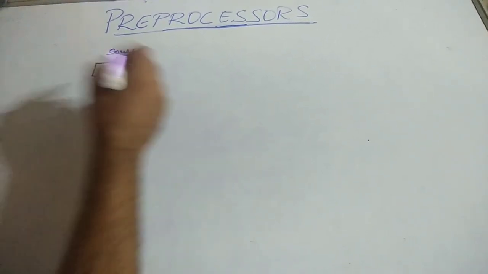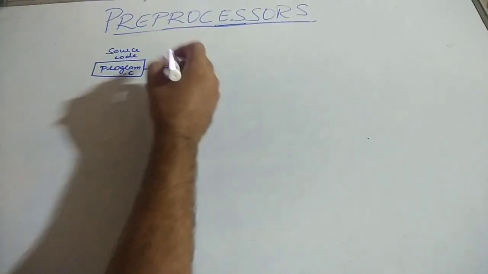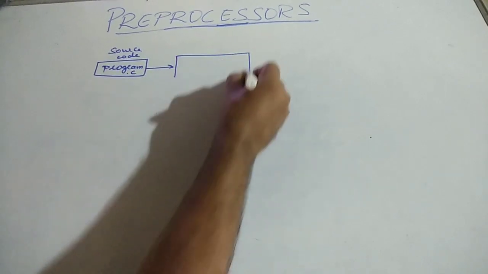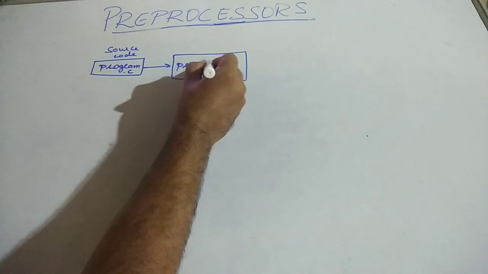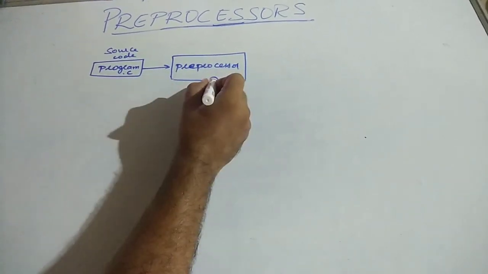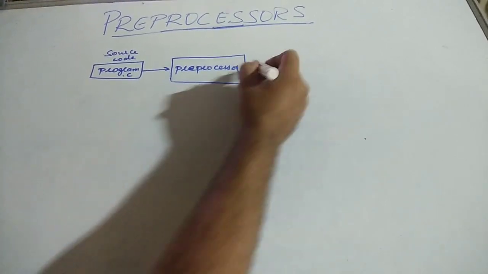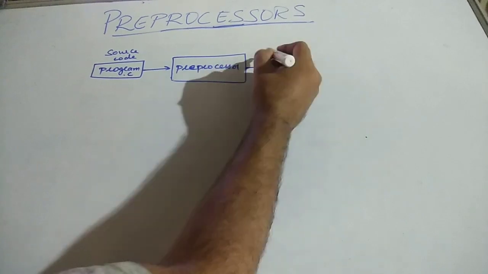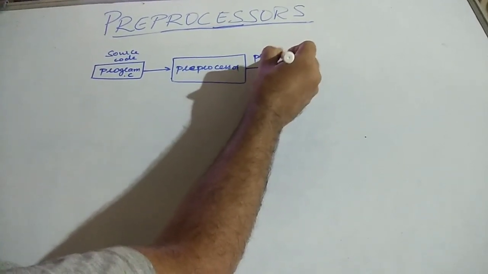Is it clear? Next, once the program has been written, this file is then processed by the preprocessor. Once it has been sent to the preprocessor, an expanded source code file is generated. So the outcome of the preprocessor is one file that will be generated.